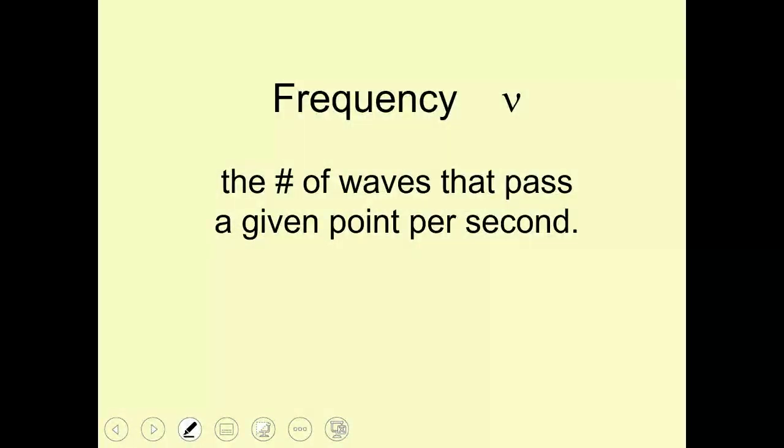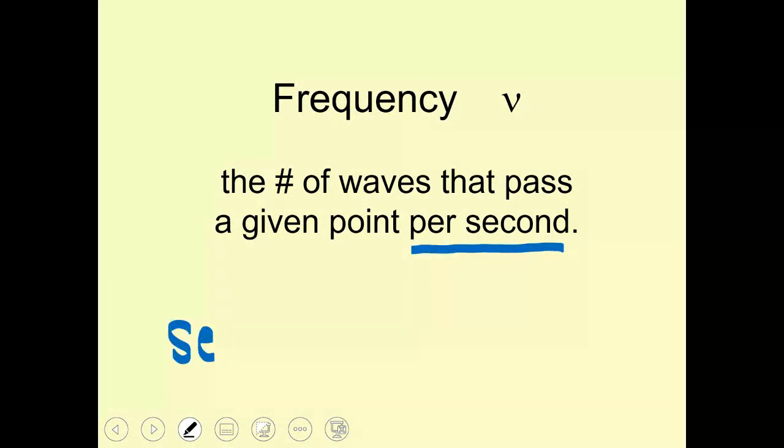So the frequency is how many waves pass a given point per second. Like if you're standing still and the light wave is traveling by, how many of those waves, from crest to crest, will pass by the given point per second? Now, per second is the unit.